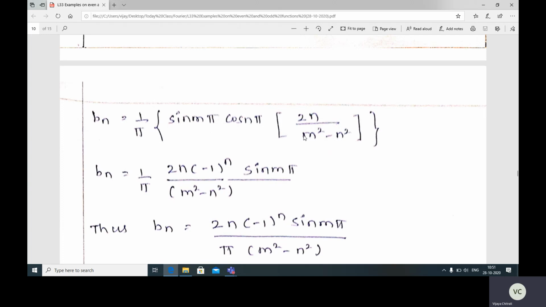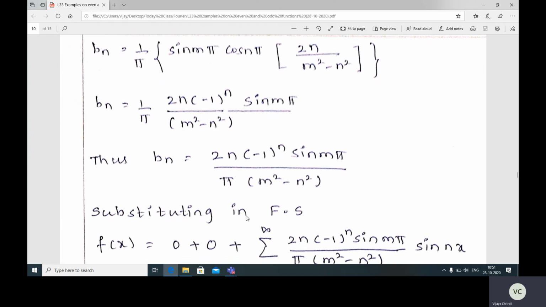1 by pi, 2n, cos n pi is minus 1 raised to n, sin m pi divided by m square minus n square. Thus we have bn is equal to 2n (minus 1) raised to n sin m pi divided by pi (m square minus n square). So substitute, because a naught and an, these two are 0 because it is an odd function, and substitute the value of bn in the Fourier series.